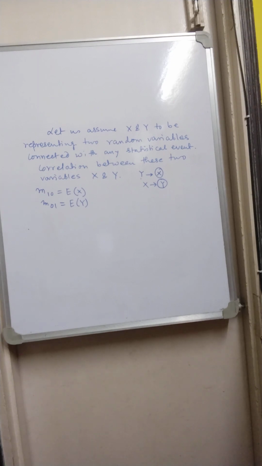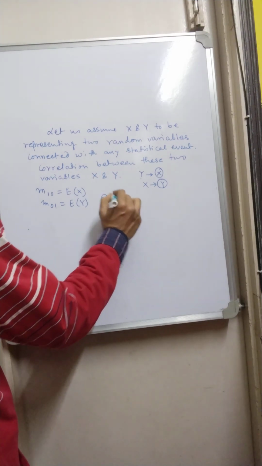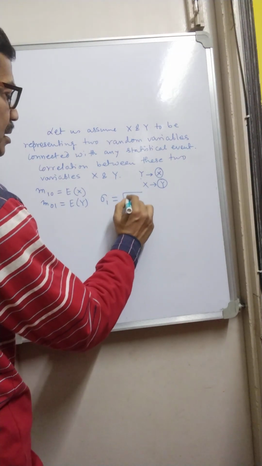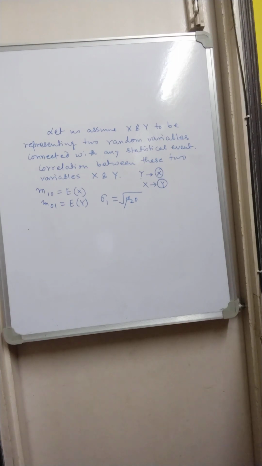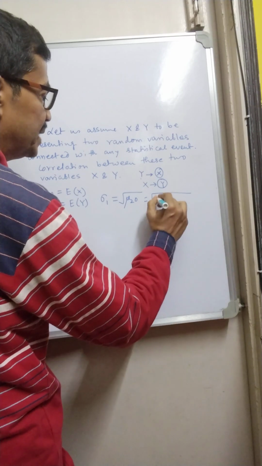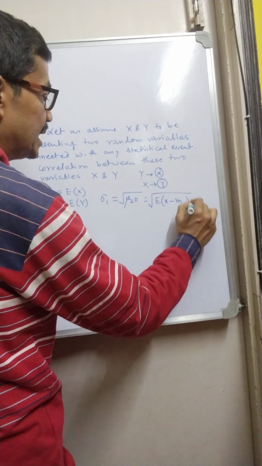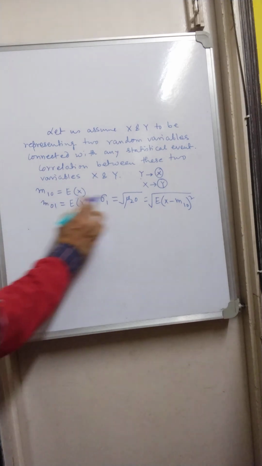And we may represent sigma 1 as root over mu 20, the second moment, or we may write it as expectation of x minus m10 whole square.